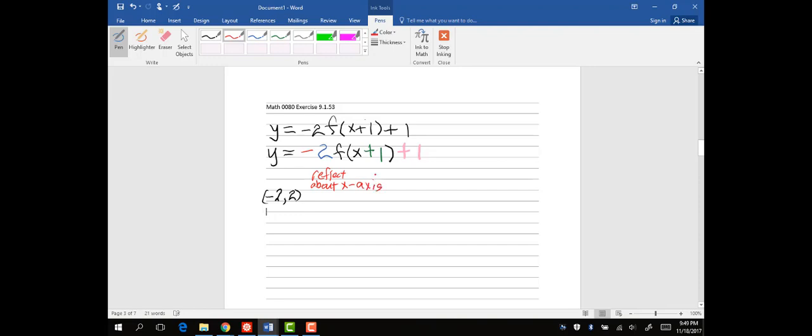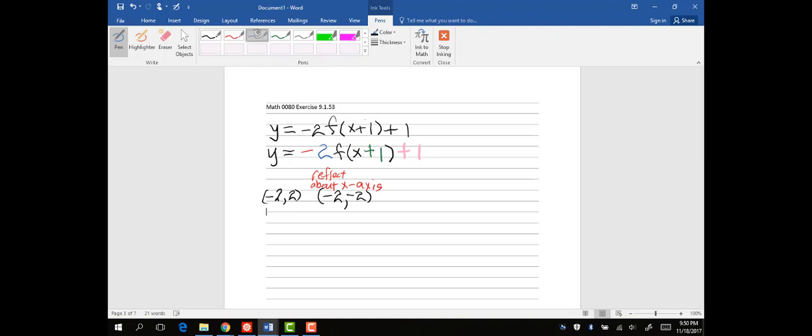So the effect is that every y is multiplied by -1 when you reflect about the x-axis. So this becomes (-2, -1 times the original y). So -1 times 2, so (-2, -2), if all I do is deal with the reflection about the x-axis, which is signified only by the minus sign.